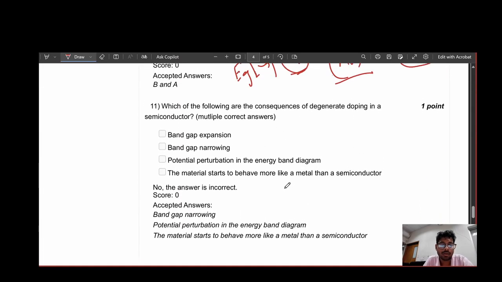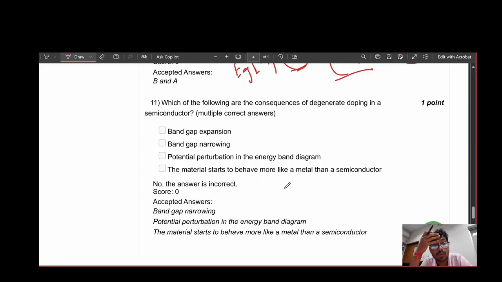Now the next one is, which of the following are the consequences of degenerate doping in a semiconductor? Degenerate doping means when the Fermi level itself is too close to, or is in, the conduction band or the valence band.